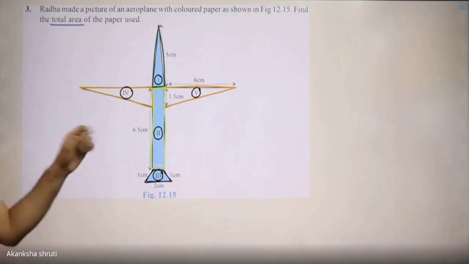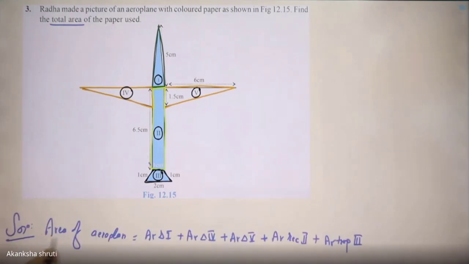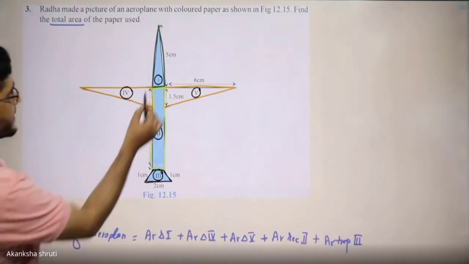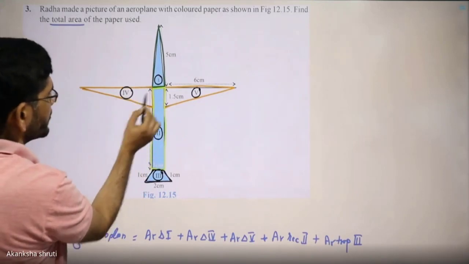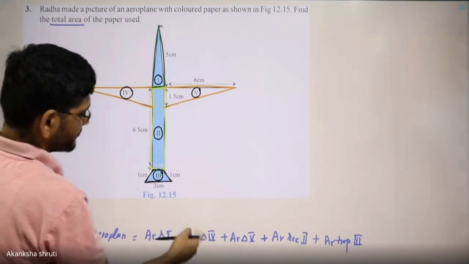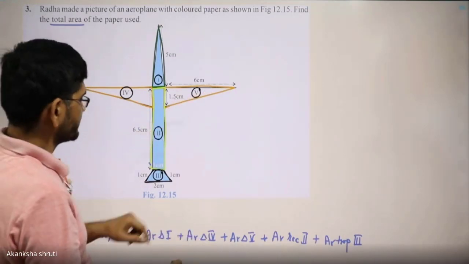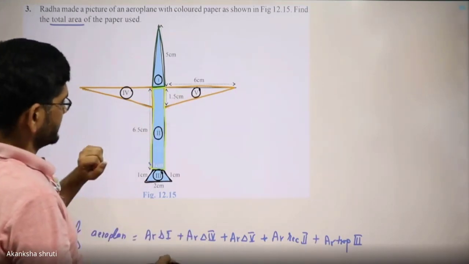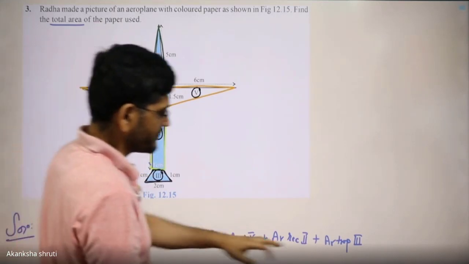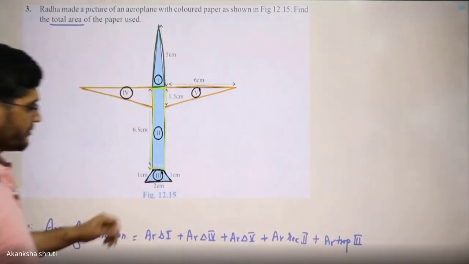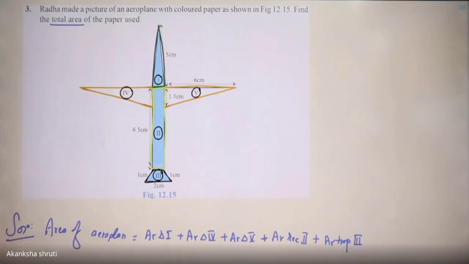Okay, so we have to find the total area. The area of this aeroplane will be the area of the first triangle, this triangle 4 and also this triangle 5, then this rectangle 2 and the trapezium 3. Okay, now let us find the area of triangle 1. How can we get it?